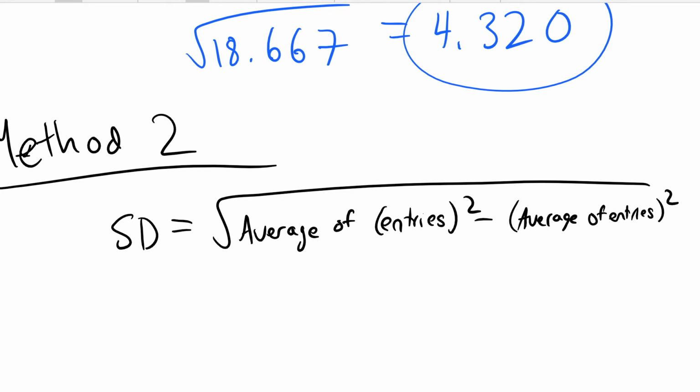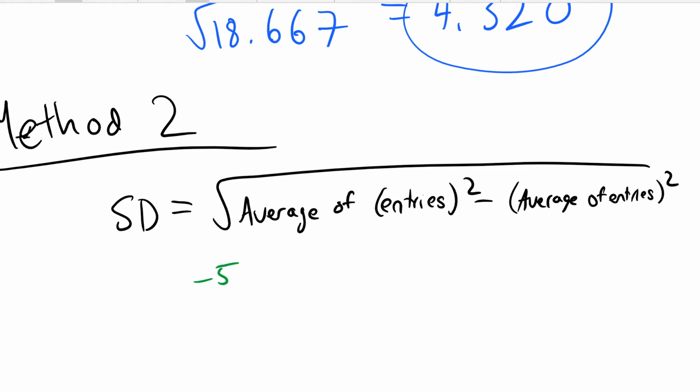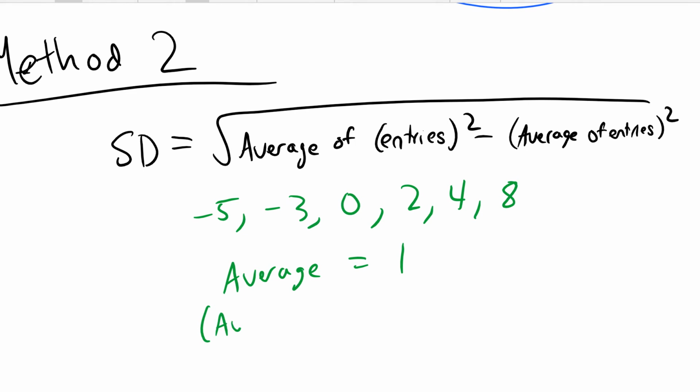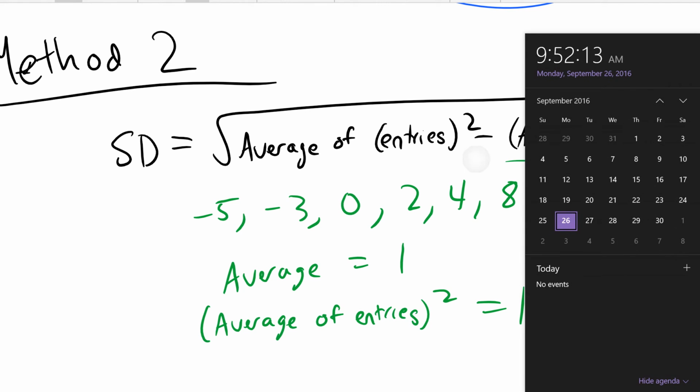Let's recall that our list was -5, -3, 0, 2, 4, and 8. And we found above that the average of this list was 1. That means the average squared is 1. So we know what this part here is.